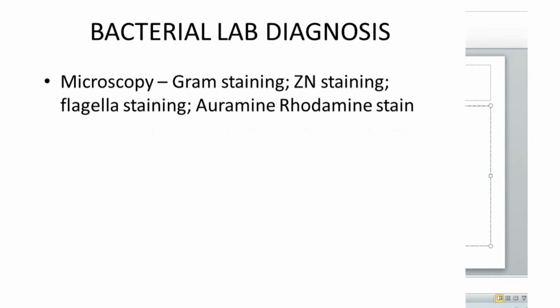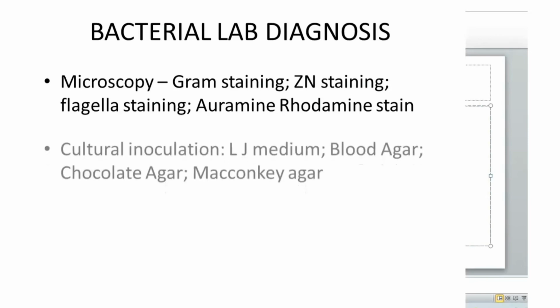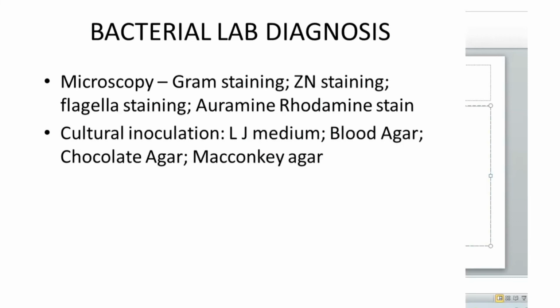For bacterial laboratory diagnosis, usually we do microscopy. Gram staining will tell you Haemophilus are coccobacilli, gram negative. The streptococci are gram positive cocci in chains. And ZN staining will show the acid-fast bacilli for mycobacterial species.